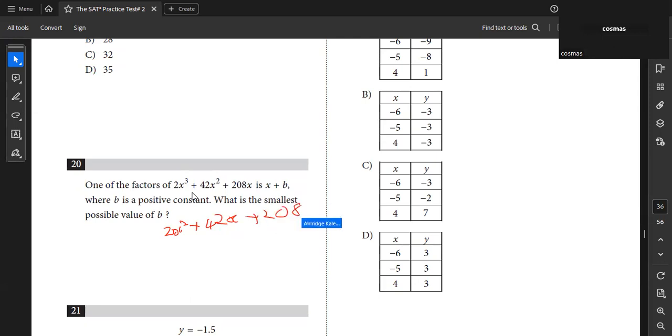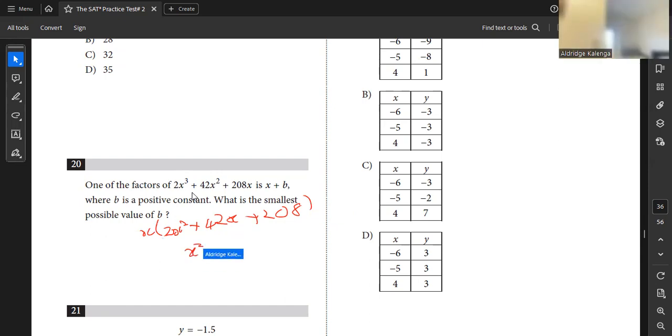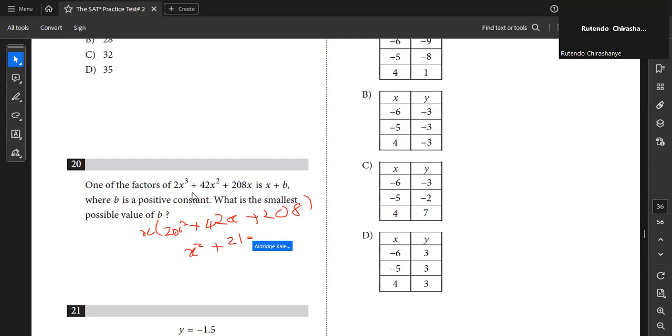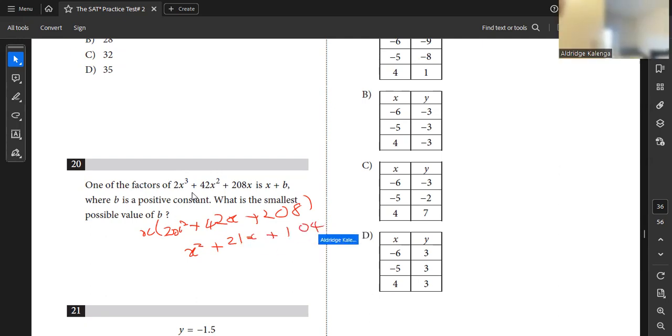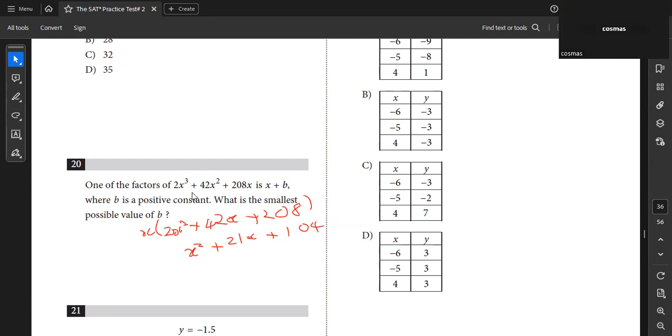Then again, you divide by 2 to get rid of it, so you have x squared plus 21x plus 104. Then I used the quadratic equation because I didn't really find two numbers quickly in my head.